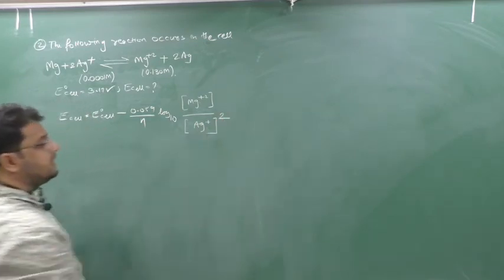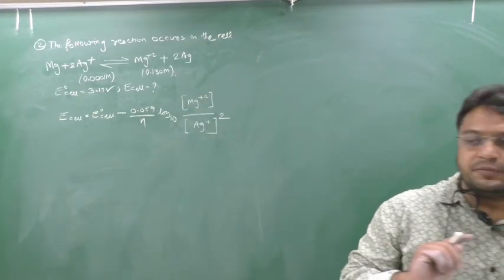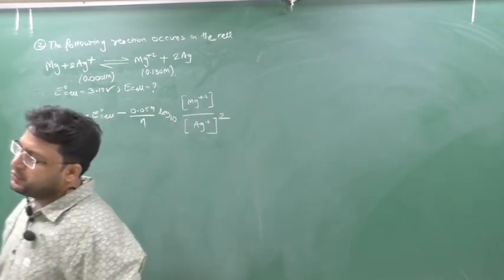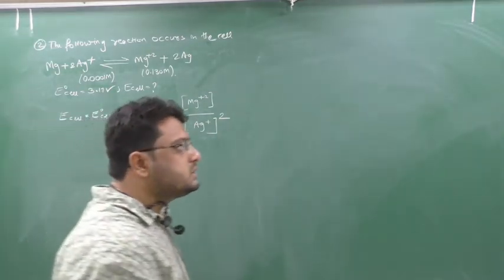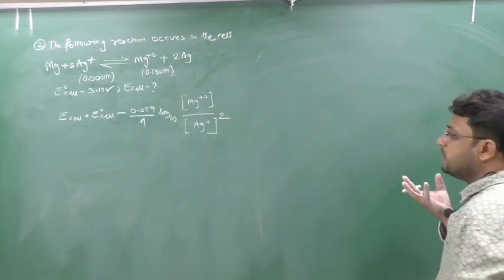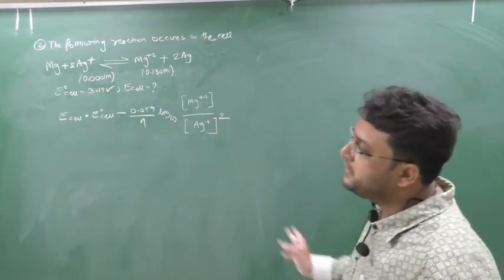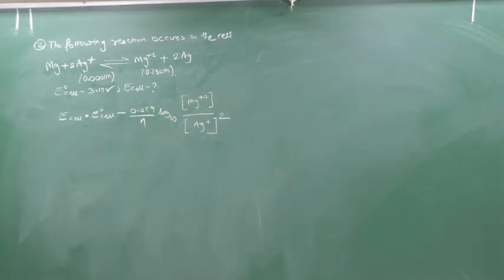So, I told you, in the Nernst equation, if the number of moles appears before the ion in the net reaction, that number should be given in the power while writing the concentration in the Nernst equation. And I know you have studied in the equilibrium chapter that the number of moles will go in the power form.